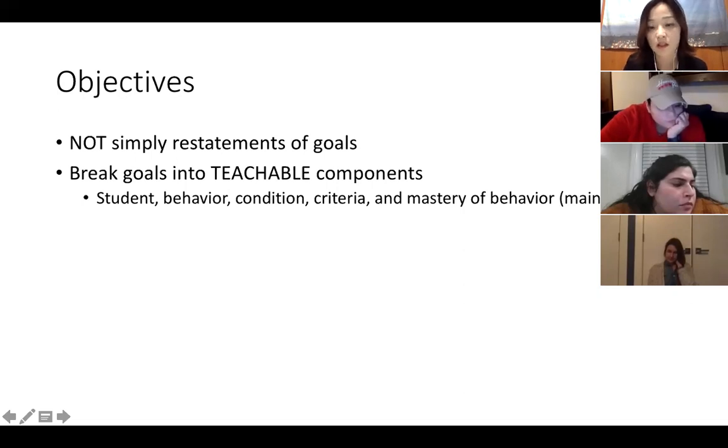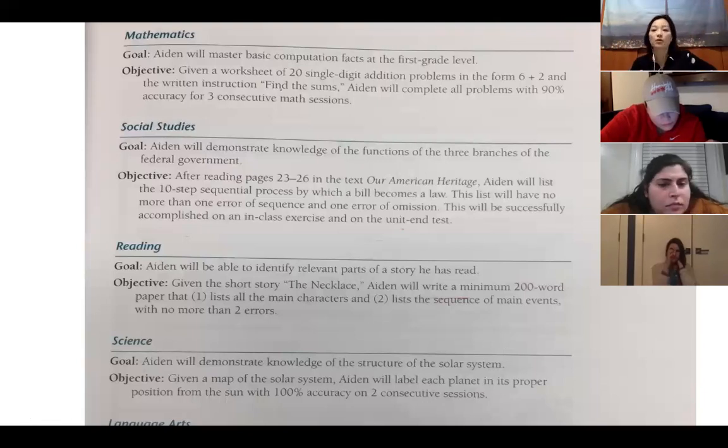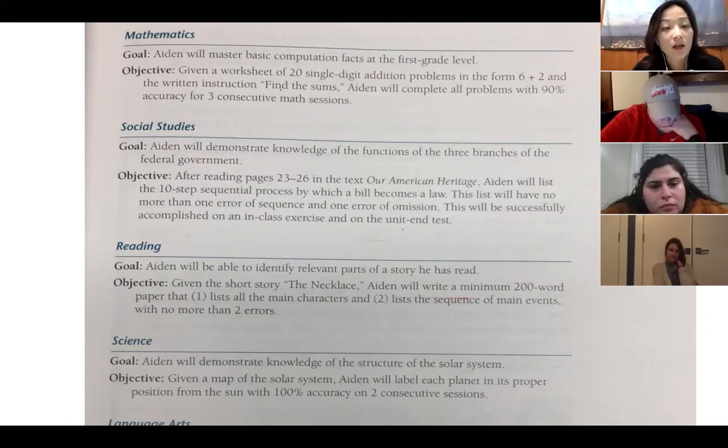Before that, I wanted to show you a comparison between goal and objective. We say the goal in mathematics is Aiden will master basic computation facts at the first grade level. If that's the goal, the objective can be very specific: given a worksheet of 20 single-digit addition problems in the form 6 plus 2 and written instruction, find the sums.